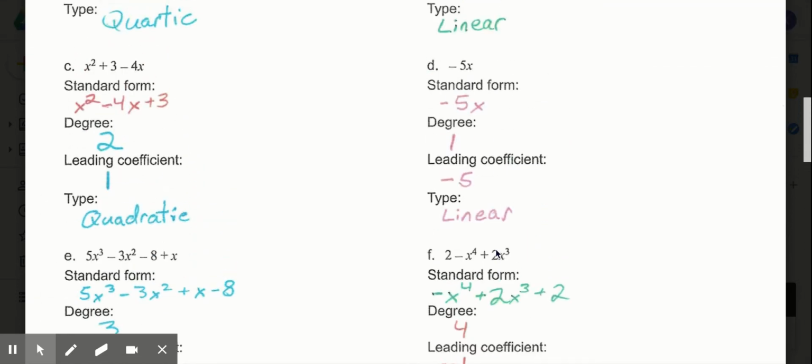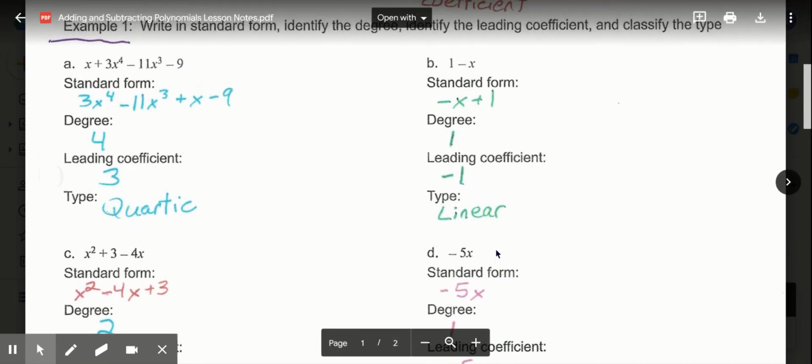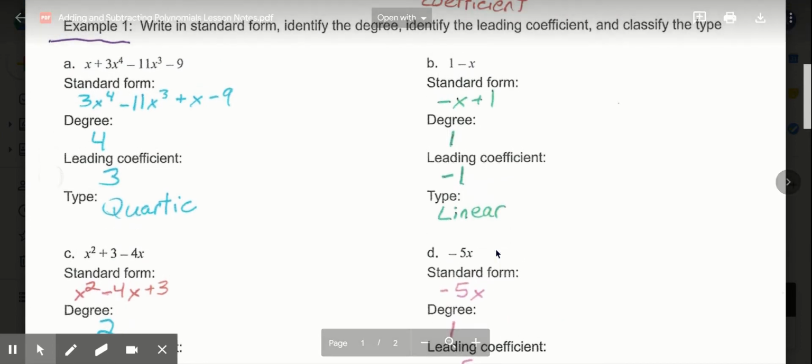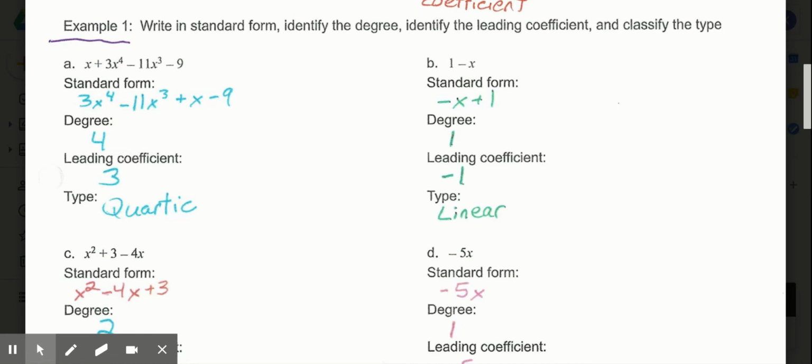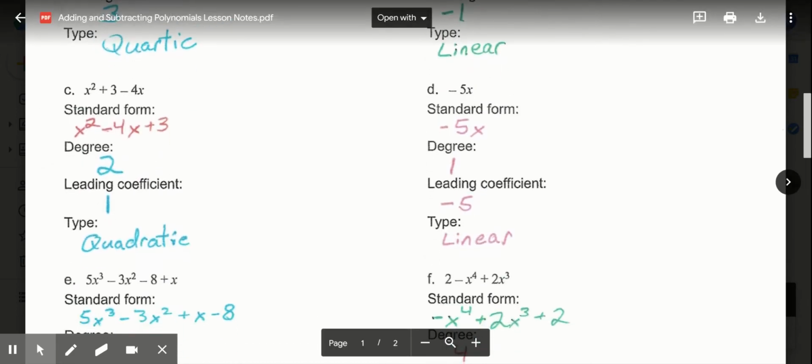So the way we know these 4 different types: anything to a degree of 1, so if your degree is 1, you will always have a linear type, meaning it would create a line if we graphed it. Anything to the second degree, second power, is a quadratic.